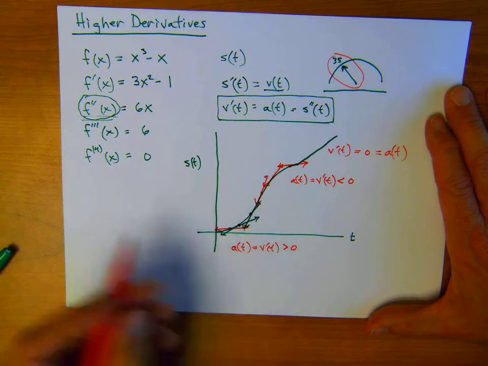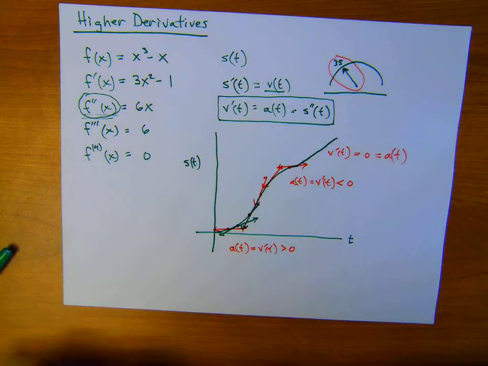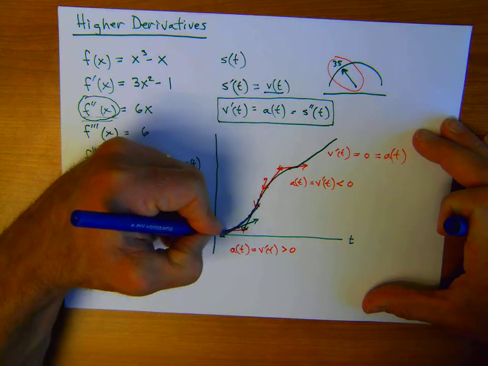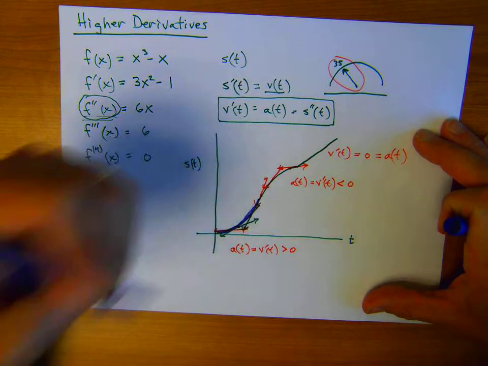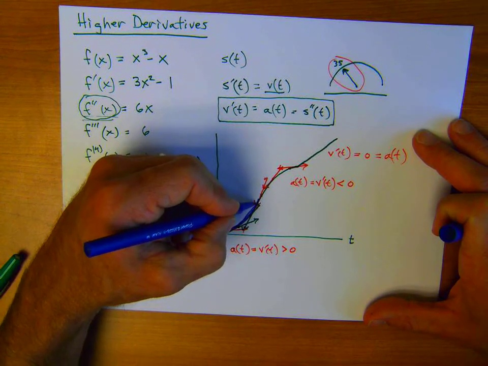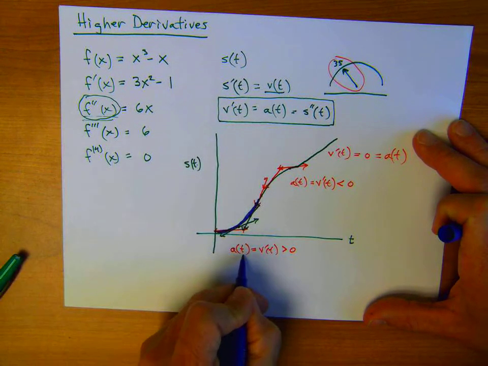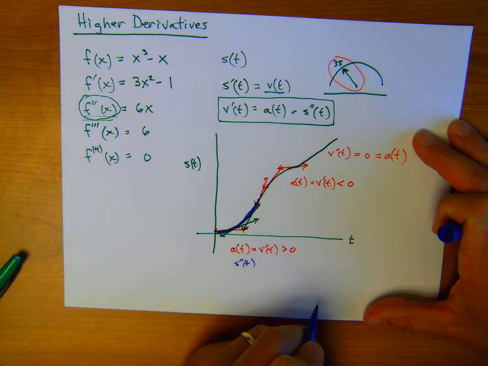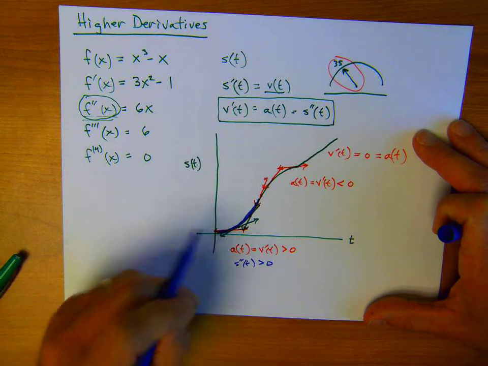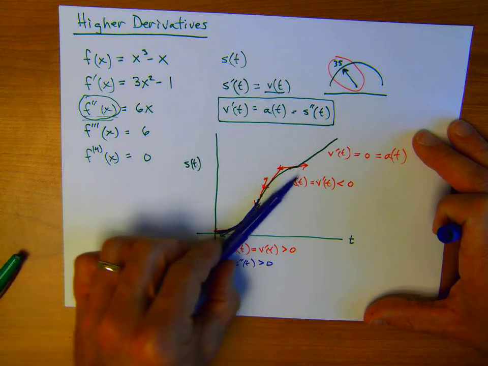So here, what I want to point out, and let's see if I can get another color to emphasize this. Right here, when this is going up, we call this concave up. It's like a bowl that holds water, all right? And in that case, we would say that the second derivative, remember, this is the second derivative of distance, is positive, because these tangent lines are getting steeper.